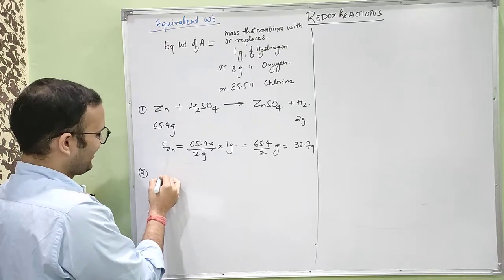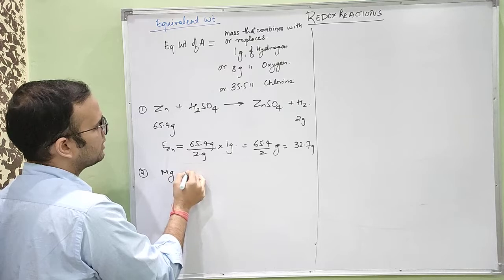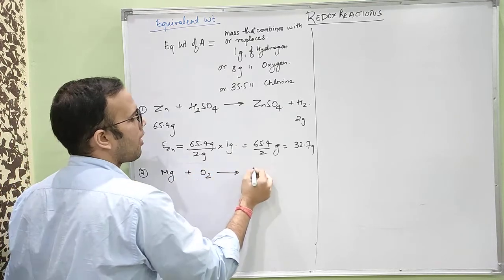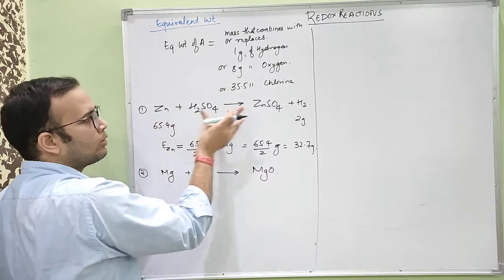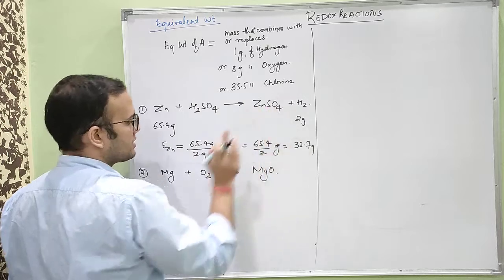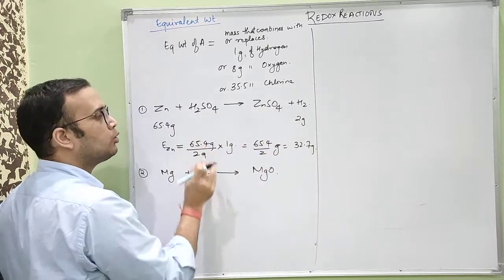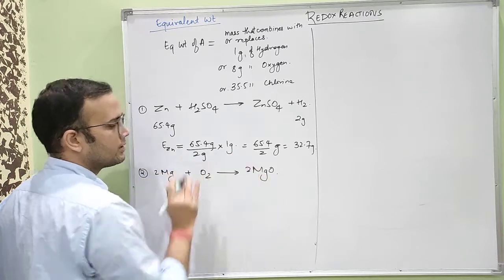Okay. Second one is with oxygen. Let's take an example of Mg plus O2 gives MgO. Now here, without even bothering, we can see that one side was balanced, but this one is not. So to be able to prove this concept, we need to first balance this. If we balance it, we get this.